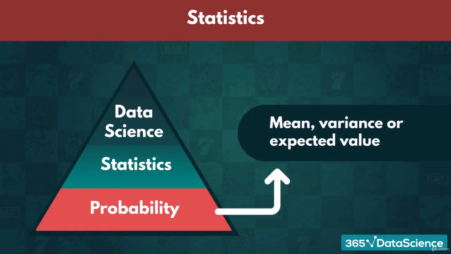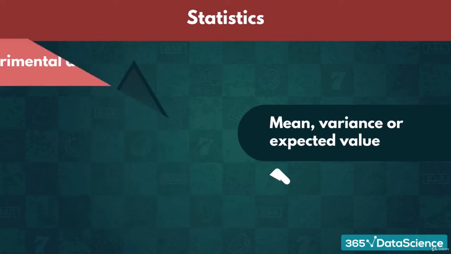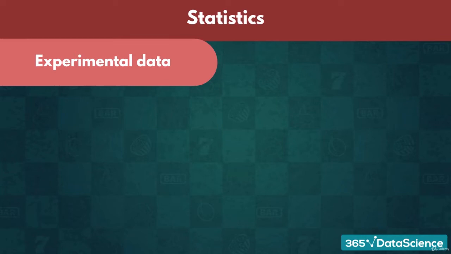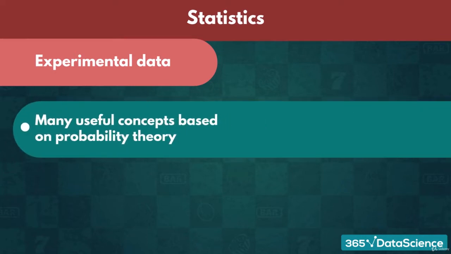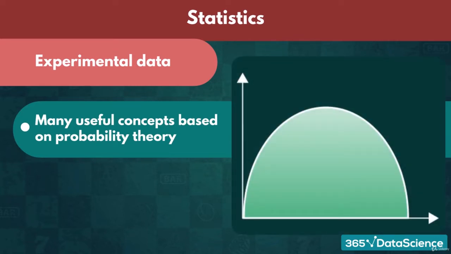Statistics tries to analyze numeric and categorical data and see how well it resembles any of the probability distributions we already learned about. Furthermore, since we are mostly dealing with experimental data, statistics introduces many useful concepts based on probability theory. One which we will shortly explore is that of confidence intervals.